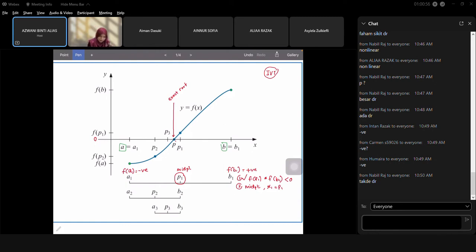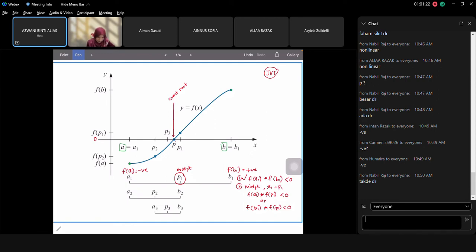Now dia nak tengok adakah FA1 multiply by FP1 less than 0 or FB1 multiply by FP1 less than 0. Sebab kita nak consider where is the next interval. Okay, let me check.